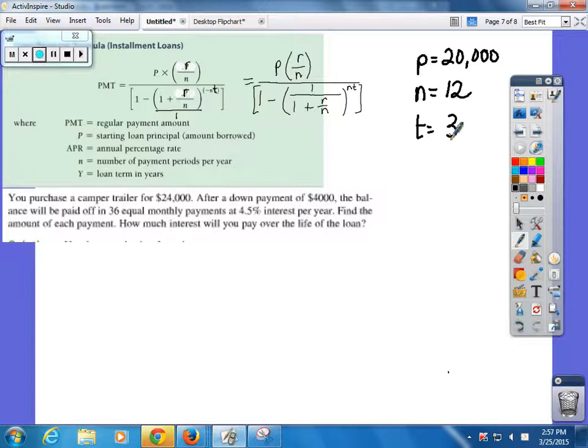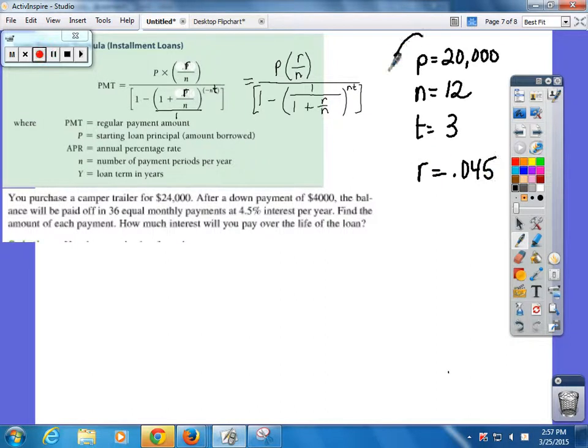I didn't get that a while ago, and that's why they're using I, and I don't want to do that. At 4.5%, it's going to be 0.045, so R is equal to 0.045.